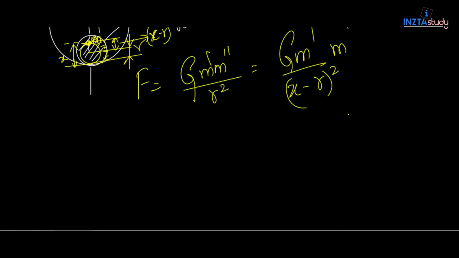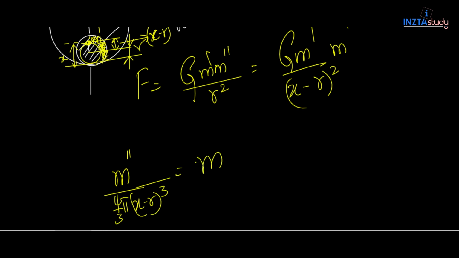So m double dash we will calculate using the mass or density, right? M double dash divided by 4 by 3 pi x minus r cube. So that's what I say, the shaded portion, above the yellow line and white line. So this should be equal to mass divided by 4 by 3 pi r cube of the smallest sphere.